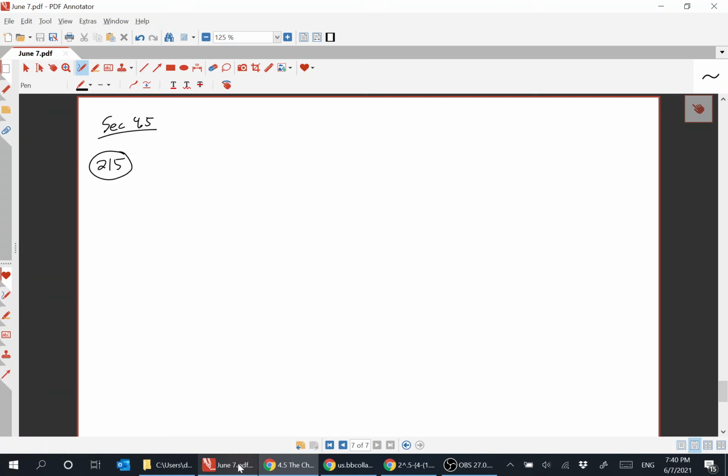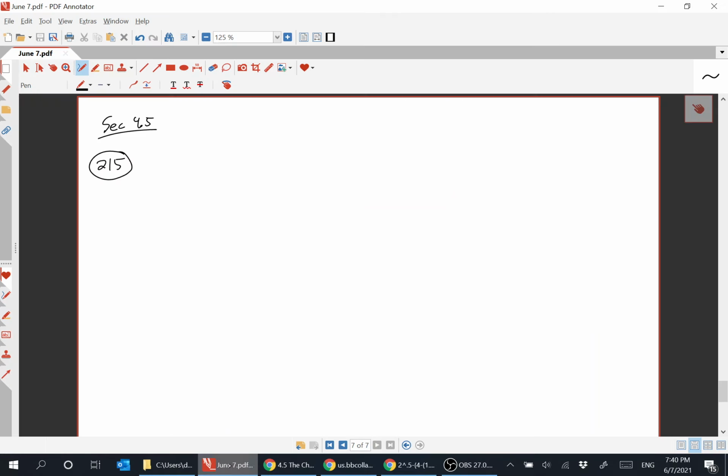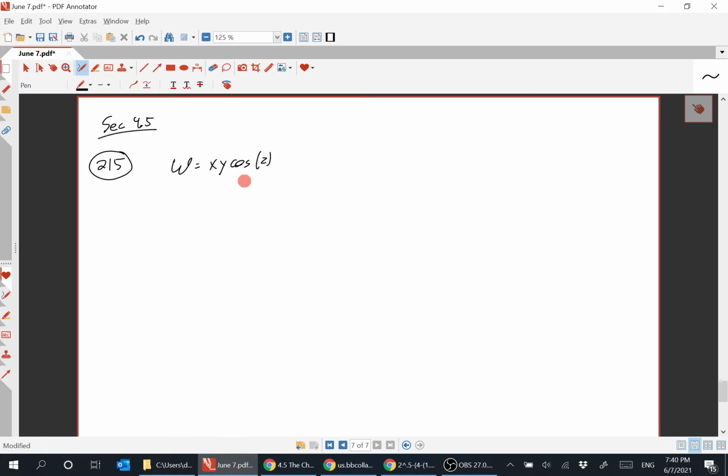So 215. Let w be a function of three variables. So w is x y cosine z. And x, y, and z are functions of t. So x is t, y is t squared, z is arcsine t.